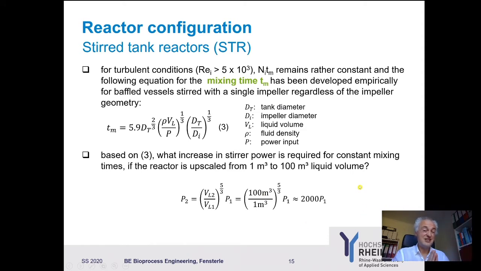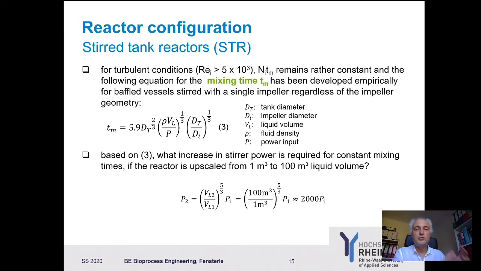So this is the reason, if you want to scale up, that you cannot scale up linearly with your power. And very large bioreactors are not feasible as stirred tank reactors, because you would require an enormous power input to achieve adequate mixing.